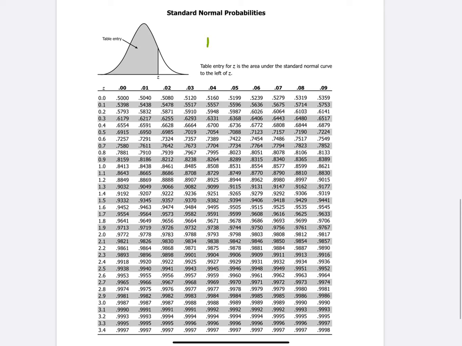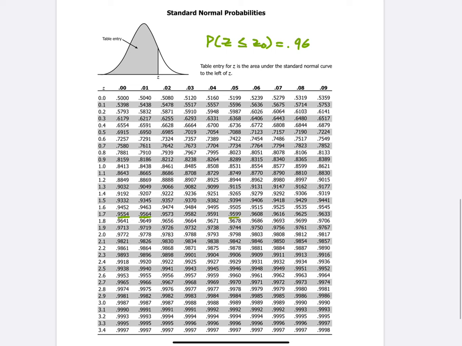Again, we want to find the z value such that the probability that Z is less than or equal to z0 is 0.96. So you want to go into the interior of the table and look for 0.96. If you look here, we're going to have 0.9554, 0.9564, and so on and so forth until you get to 0.9599.